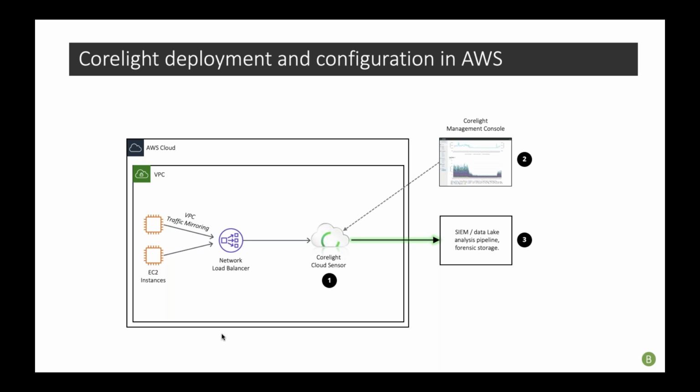And then that's all being managed from our management console, which is called Fleet Manager, to do things like your role-based access control and your policy-based deployments and things like that. So it's a pretty simple flow, starting with the traffic mirrors to the NLB, to the Corelight sensors, and then ultimately getting the data where you want it, which is in your SIEM or data lakes. Your defenders, your incident responders can actually work with it.